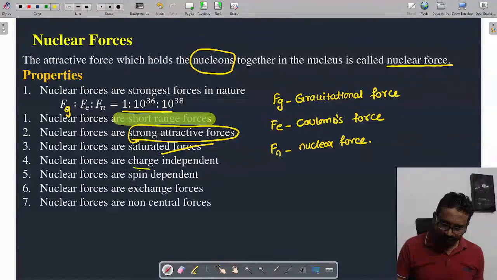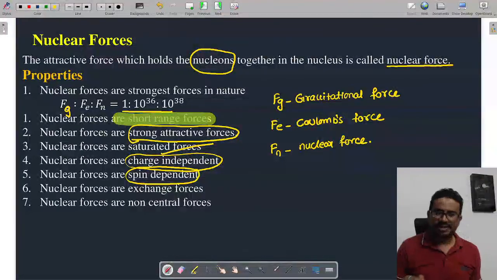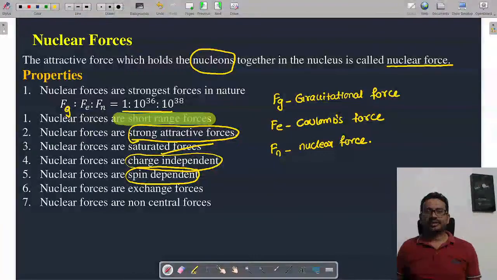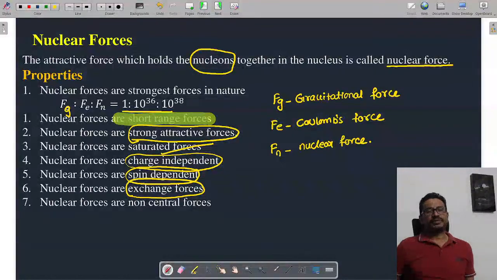And the nuclear forces are independent of charges. They depend upon the spin. Spin means which direction it is orienting, which direction it is rotating. Based upon that, nuclear forces will depend. And the nuclear forces are exchange forces. They can exchange from one form to another form.